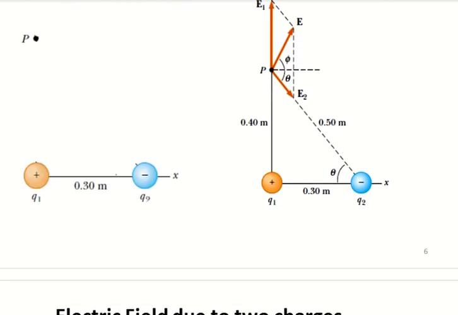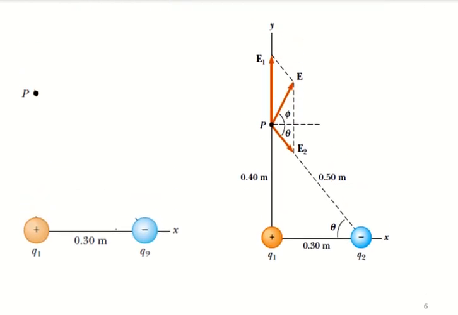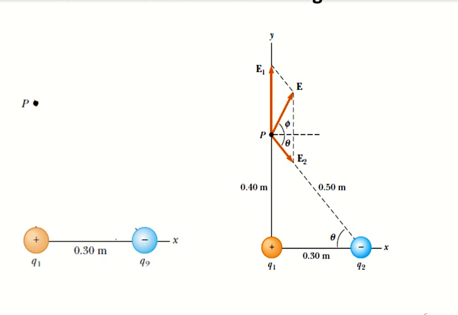So what we do is draw these forces according to the situation. We call this angle theta, the angle that the force from charge Q2 makes with the x-axis. You see here is theta, and we have an angle theta again here.